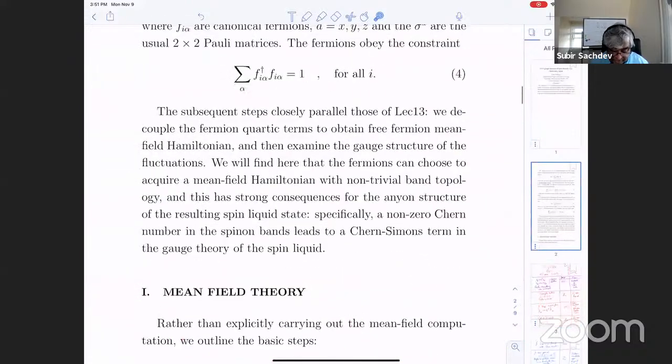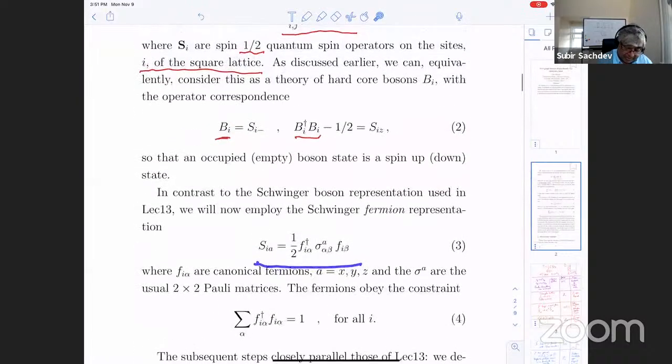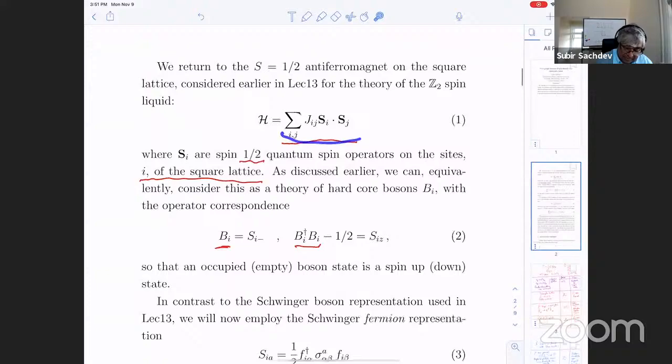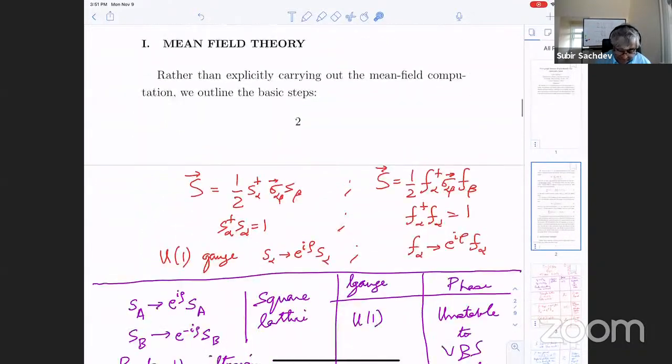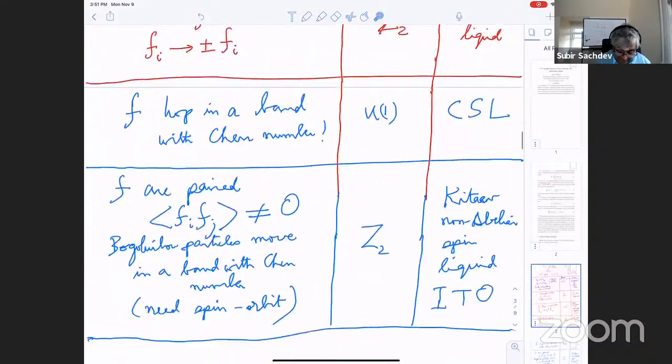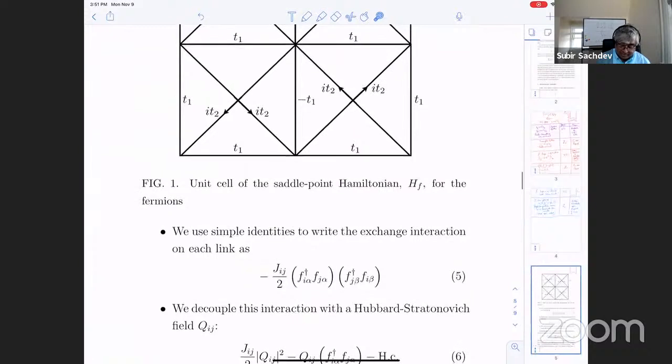So we take this decomposition, plug it in here, and do the Hartree-Fock factorization, and you get some free particle Hamiltonian for the fermions. I've spelled it out here.